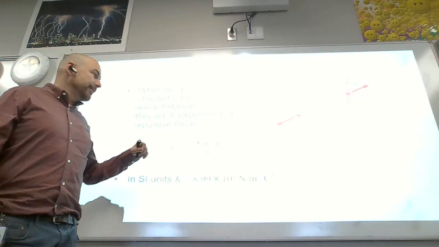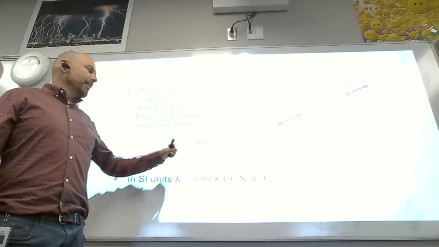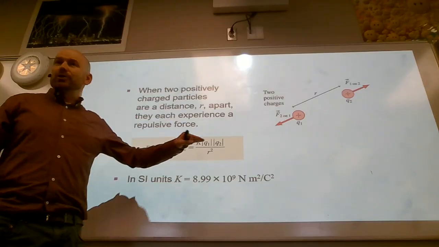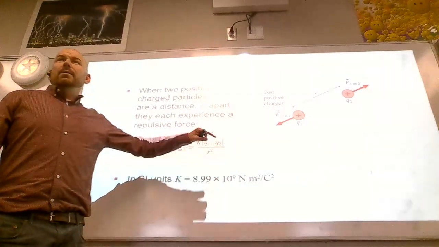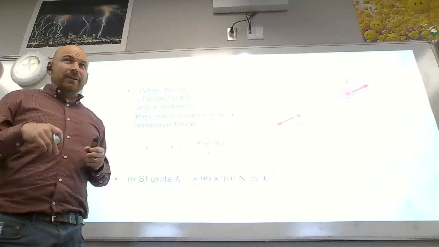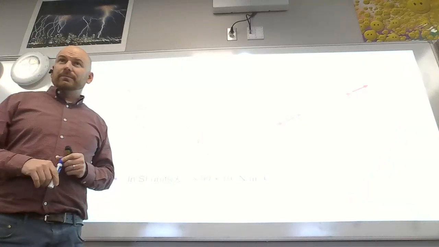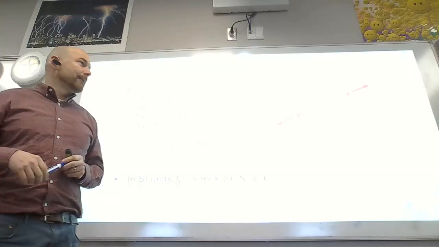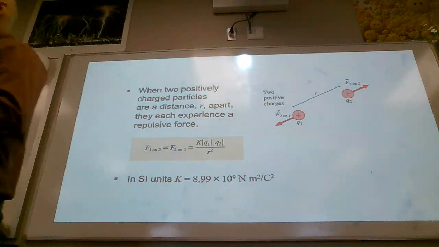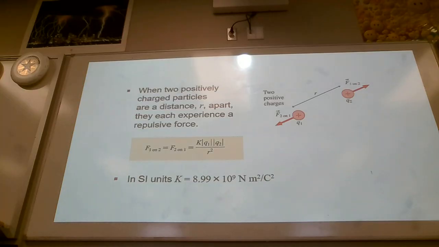It is a vector. I would recommend just dropping the positive and negative signs on the charges, finding the magnitude, and then using your brain to figure out which direction it's going. K is 8.99 times 10 to the 9th newton meter squared over coulomb squared.